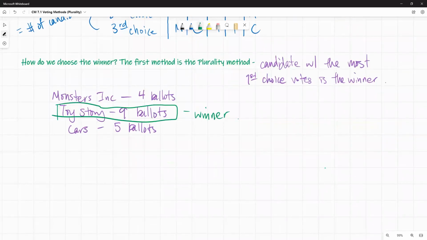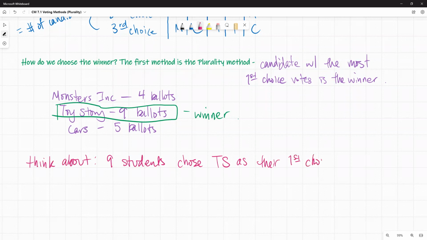But something to think about as we close out this first section. Think about this little fact. 9 students chose Toy Story as their first choice.